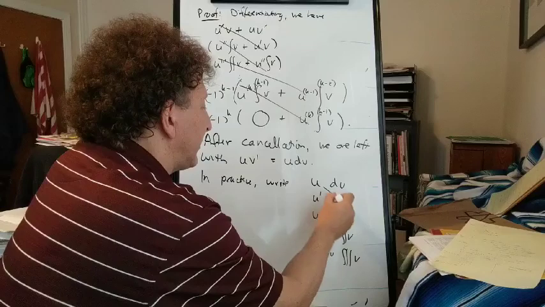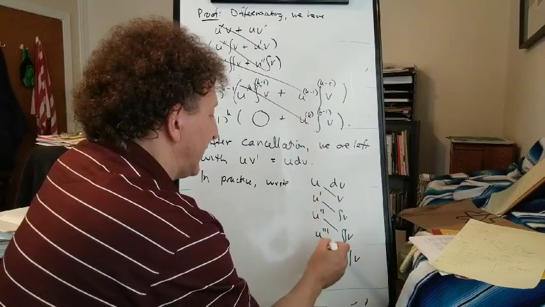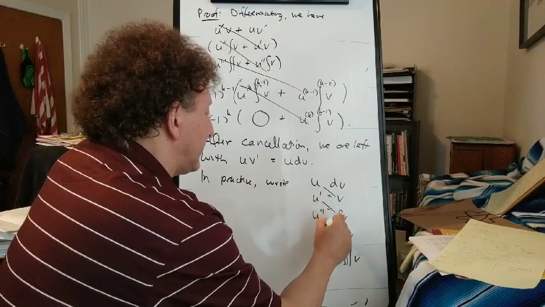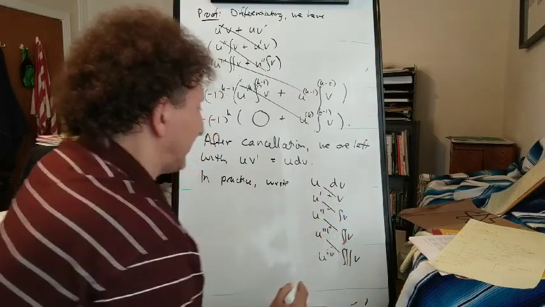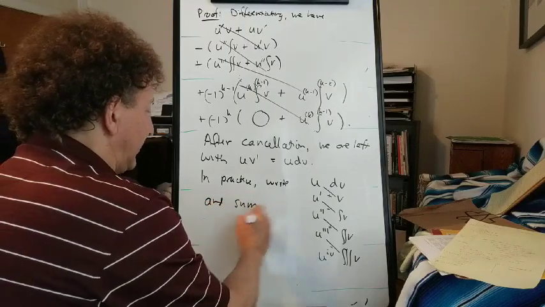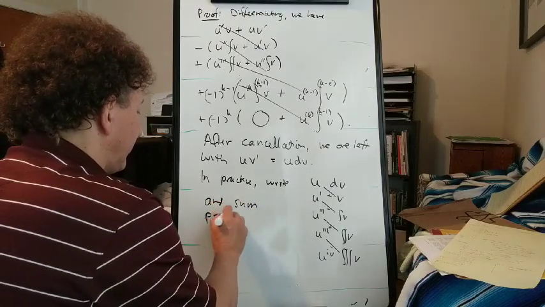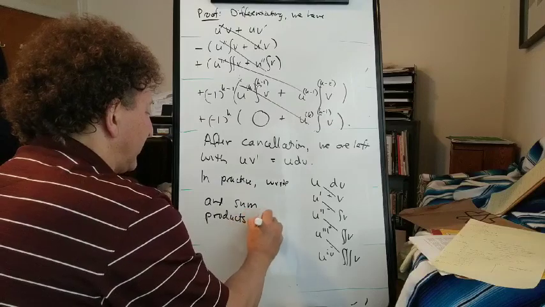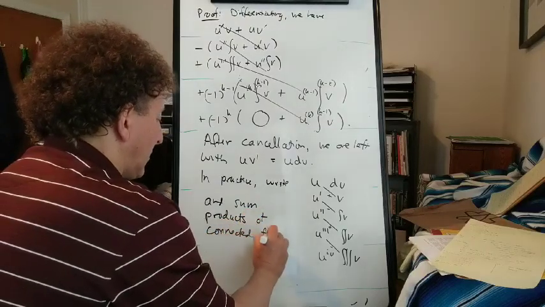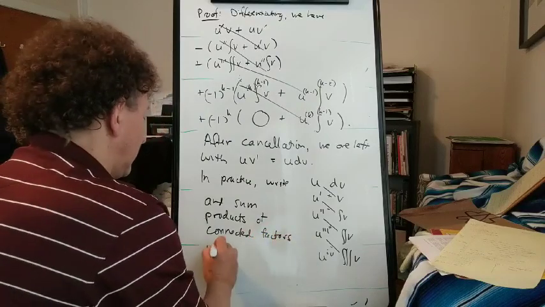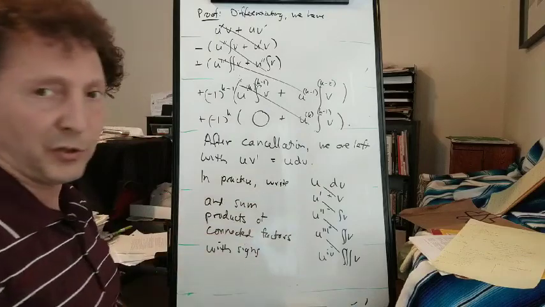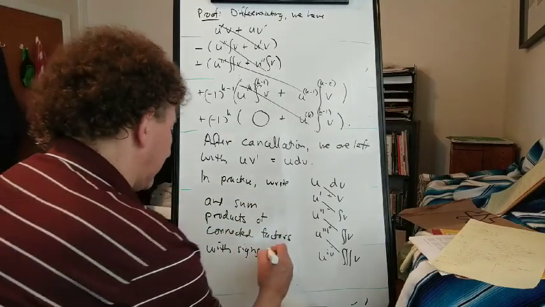Then we connect on this diagonal and write plus, minus, and sum the products of the connected factors, with the signs that we just put on the line segments.